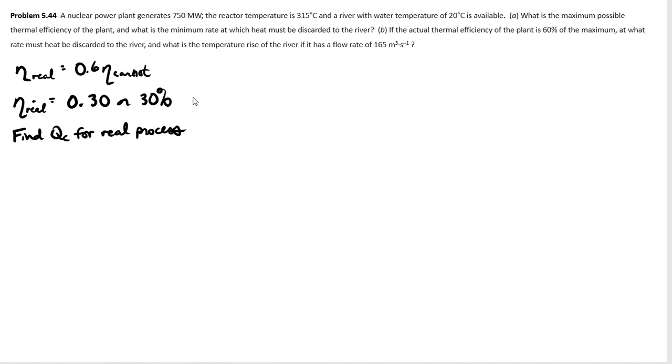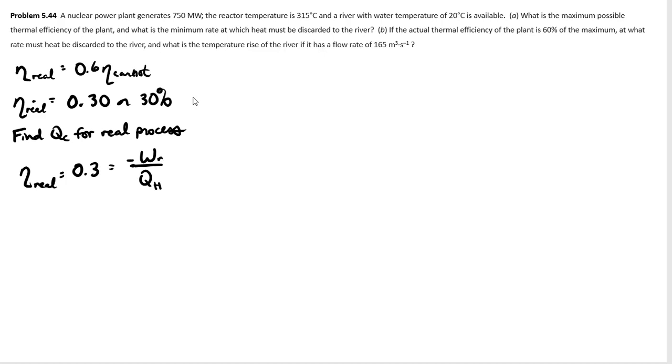The easiest way, or one of the easier ways, to approach it is to go back to our definition. We've calculated that the real thermal efficiency is equal to 0.3, and what is that equal to? That's equal to minus the work divided by QH.